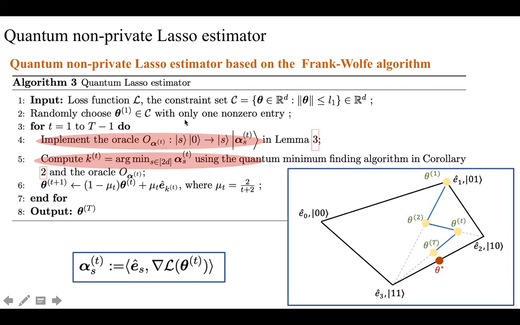We now generalize the classical Frank-Wolfe algorithm to the quantum case. As we can see, we only modify two parts, namely, we use quantum oracles to prepare a quantum state corresponding to alpha t, and we use the quantum minimum finding algorithm to locate the index corresponding to the minimum entry of alpha t. Notably, both the implementation of alpha t and the runtime of the quantum minimum finding algorithm are very low.